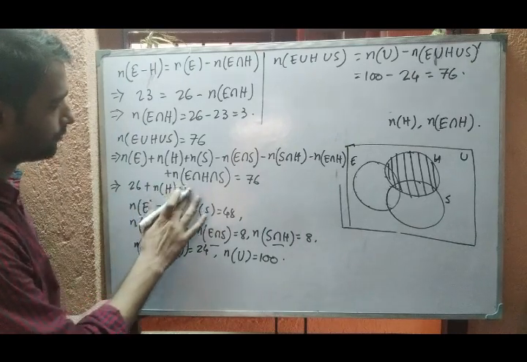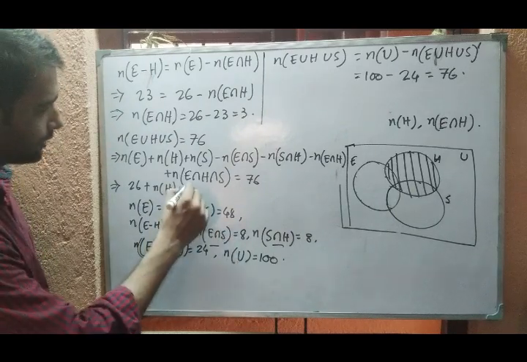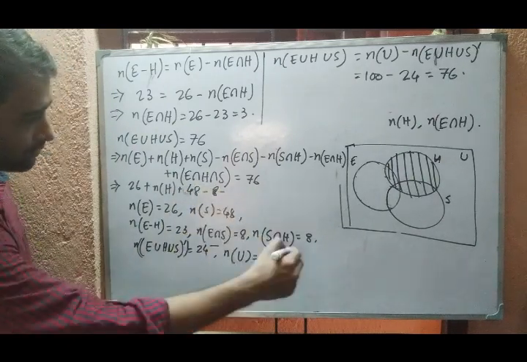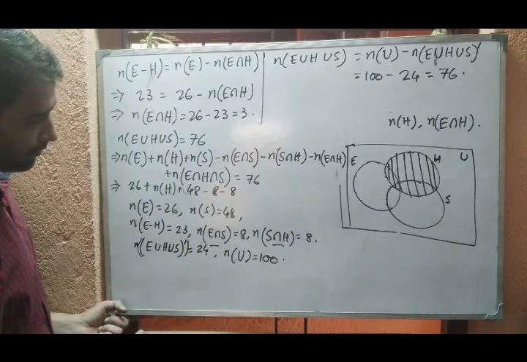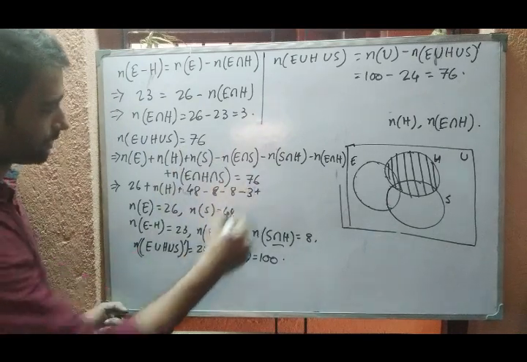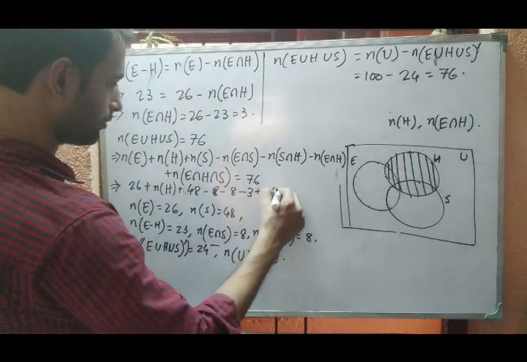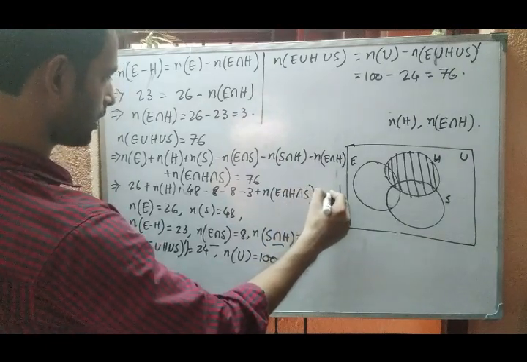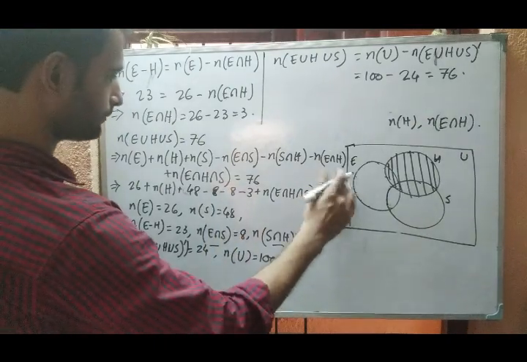N of S is 48, minus n of E intersection S is 8, minus n of S intersection H is 8, minus n of E intersection H is 3, plus n of E intersection S intersection H, that we also don't know. And this value becomes 76.